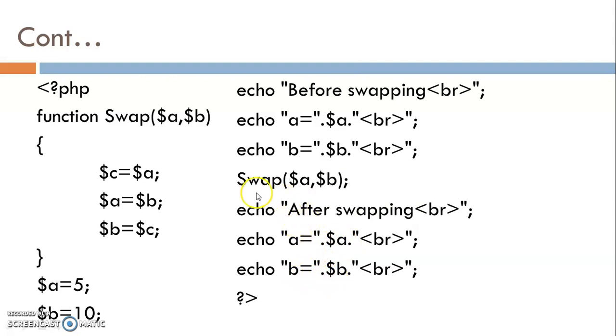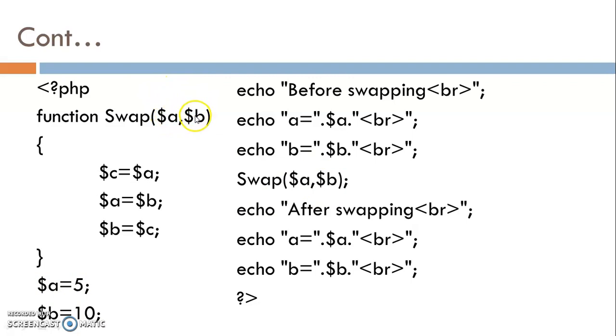Okay, here I pass the values of variables a and b, so first of all 5 and 10 are passed to the swap function.